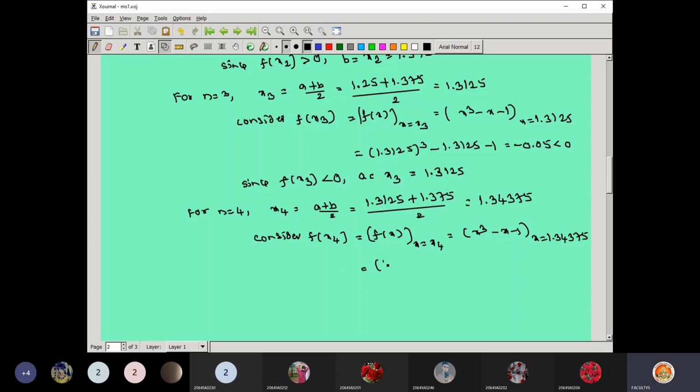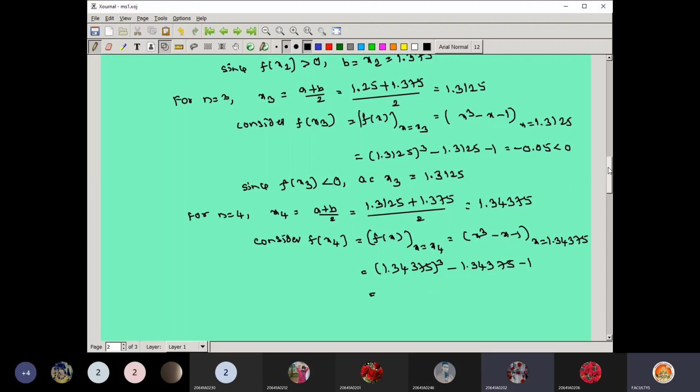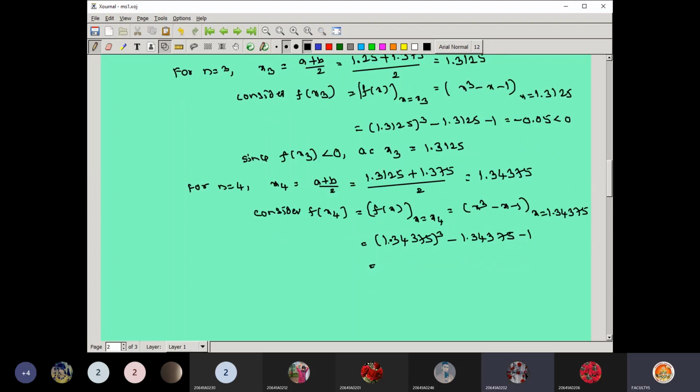So if I write this value, 1.34375 whole cube minus 1.34375, and here it is minus 1. So let me know the answer. Are you getting 0 or non-zero? 0.08. So you are getting 0.08. So still you are not getting 0. So it is again greater than 0.